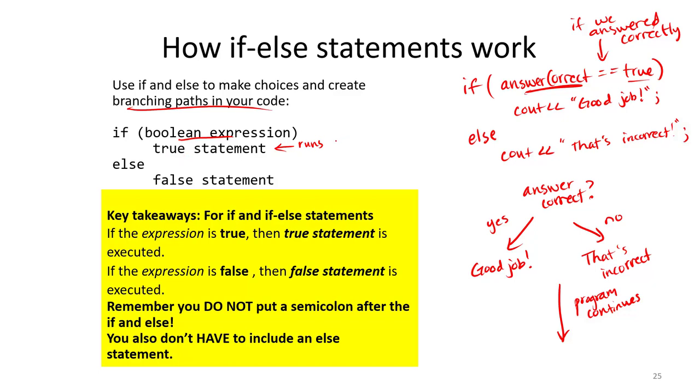Notice the true statement will run only if the Boolean is true. Otherwise, if the Boolean statement is false, then the false statement will run, but again, only if the Boolean is false. So if you ever needed to write a program where you prevent code from running in certain cases, you can use an if-else statement to choose what code you want to run based on the Boolean condition.